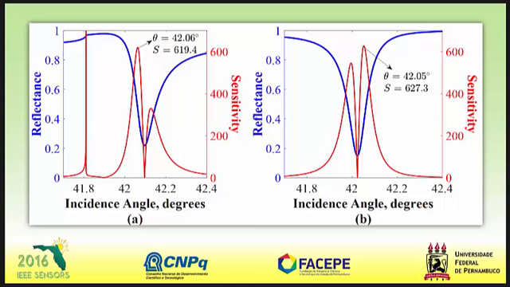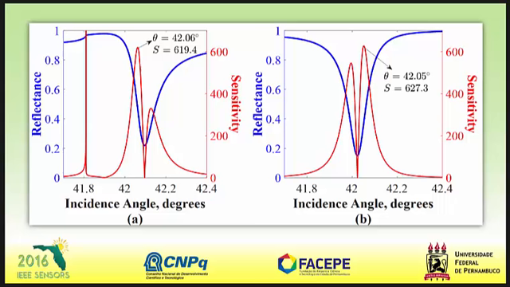And we can see that in the Kretschmann configuration, the first one, the optimum incidence angle is located before the resonance angle, whereas in the Otto configuration, the optimum incidence angle is located after the resonance angle. And for this particular case of 1.6 micrometers, the Otto configuration presents a slightly better performance than the Kretschmann configuration.